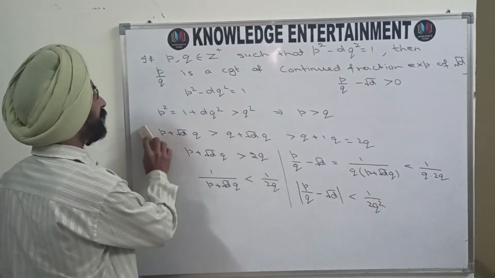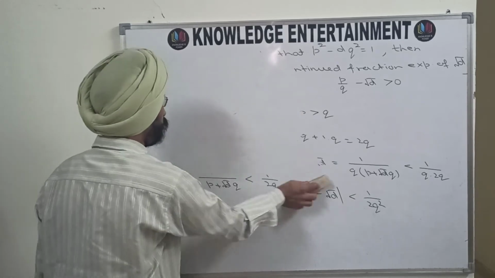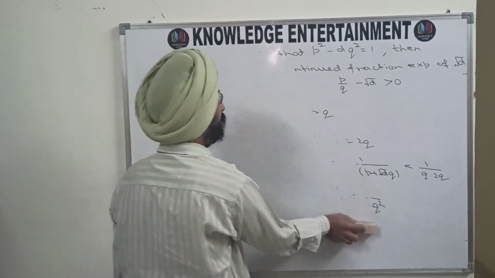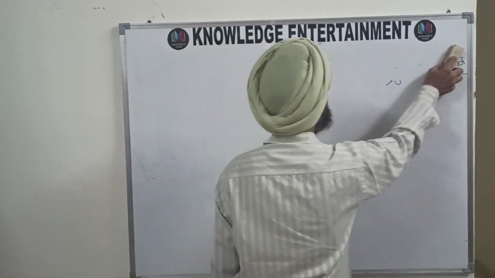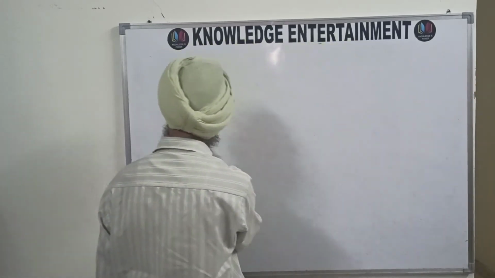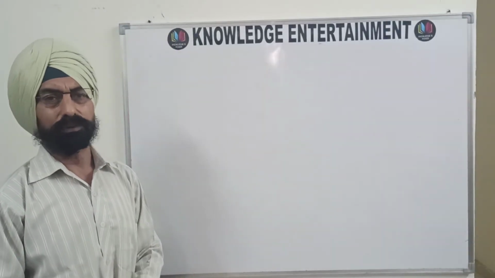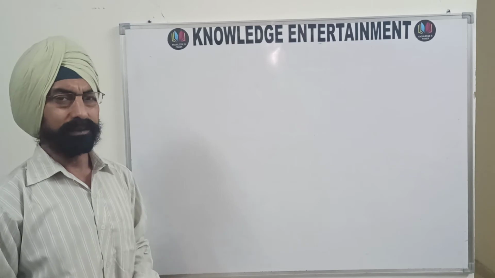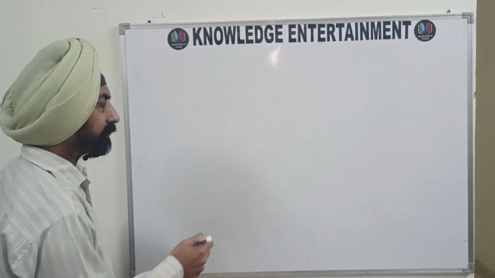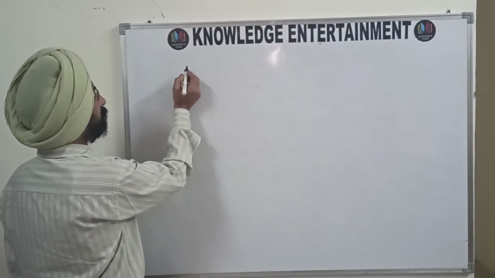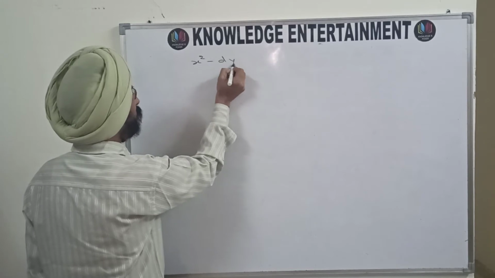So we have proved that if (p, q) is a solution of Pell's equation x squared minus d y squared equals 1, then the solution p upon q is a convergent of the continued fraction expansion of root d. Moreover, there is a remark that if you are given that x squared minus d y squared is 1.